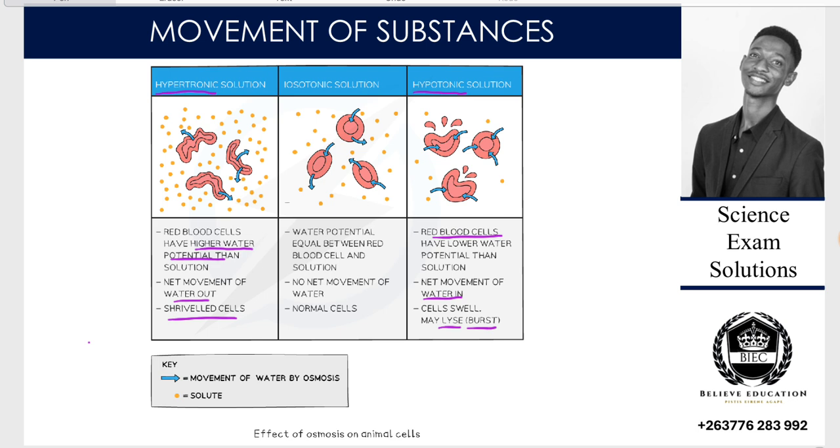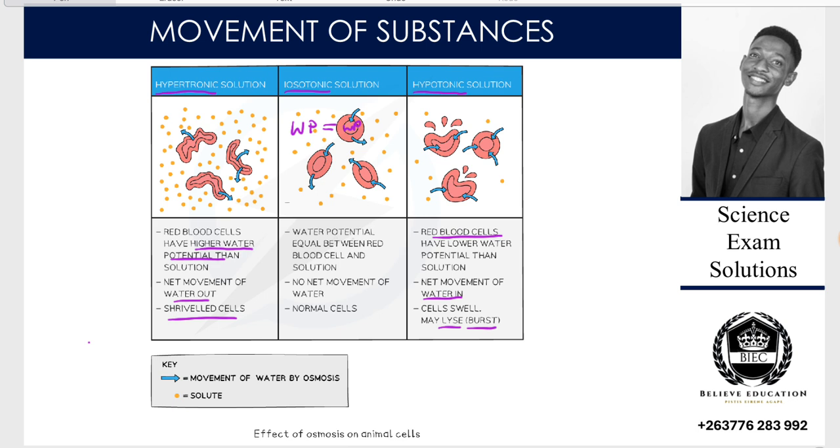Then the last one is an isotonic solution. Isotonic, we're just saying that these are the same. The water potential here is equal to the water potential there. They are equal, so since they have an equal water potential, they will remain the same.